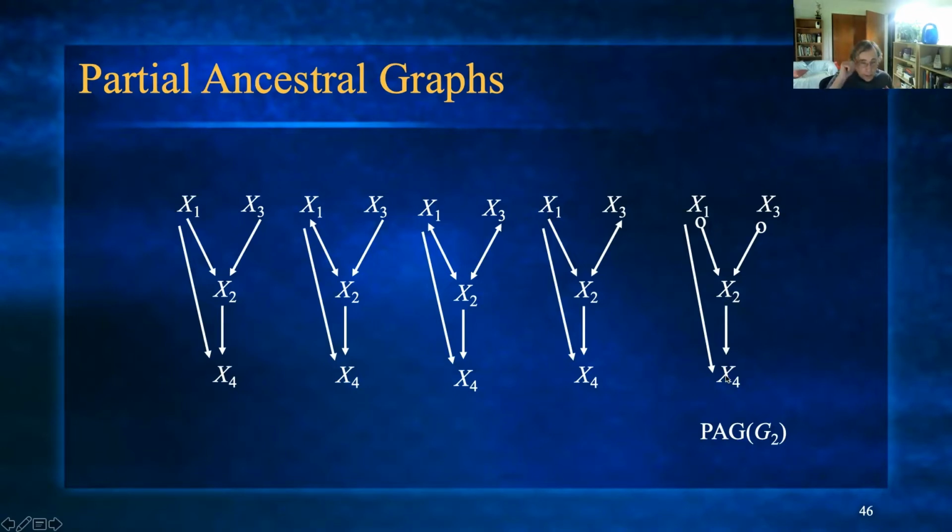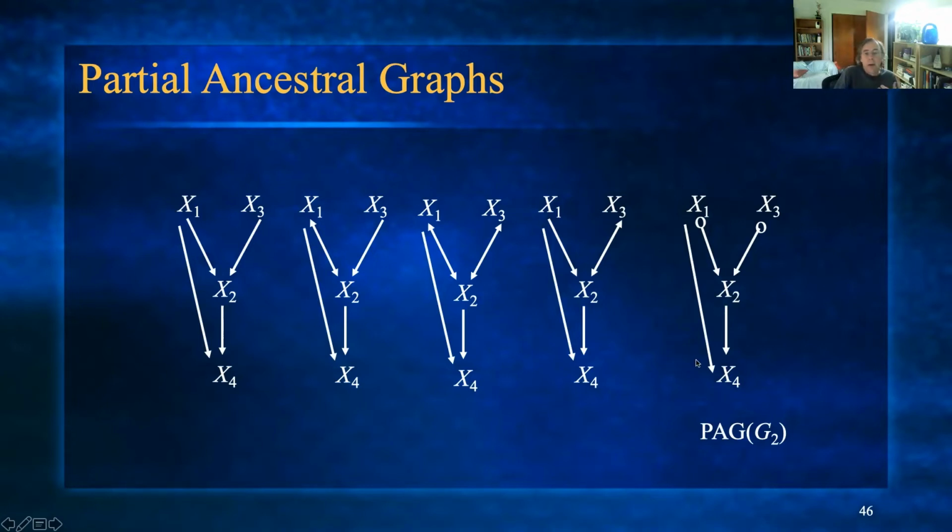However, there's an important difference, as we saw earlier, because in the case of the directed edge from x2 to x4, we also know that there is no unmeasured confounder of x2 and x4. Whereas in the case from x1 to x4, we know that x1 is an ancestor of x4, but we don't know whether or not there's also an unmeasured confounder.